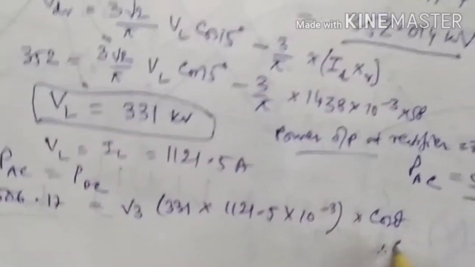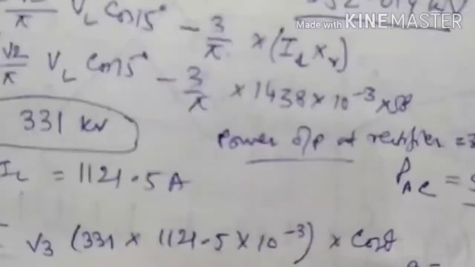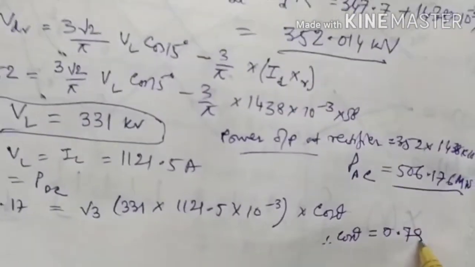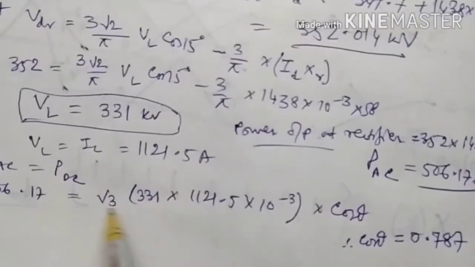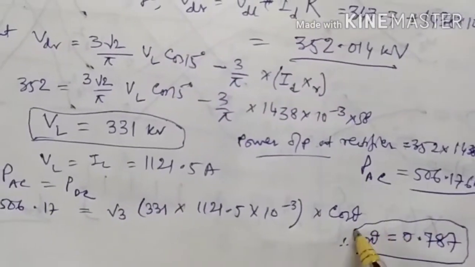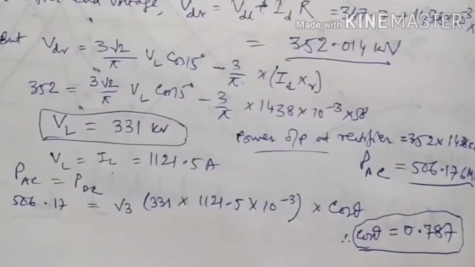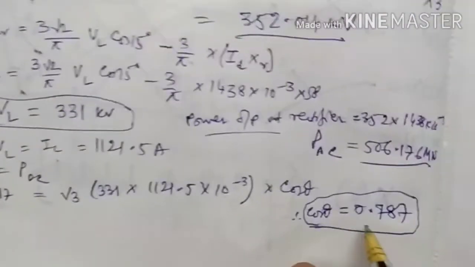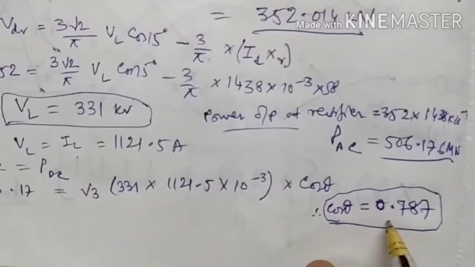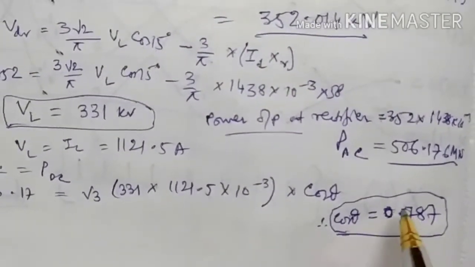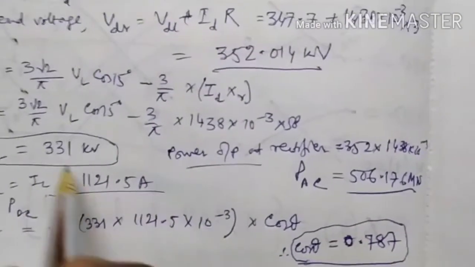So the power factor cos theta will be 0.87, calculated from the equation. So the power factor at the rectifier end, cos theta, will be equal to 0.787.